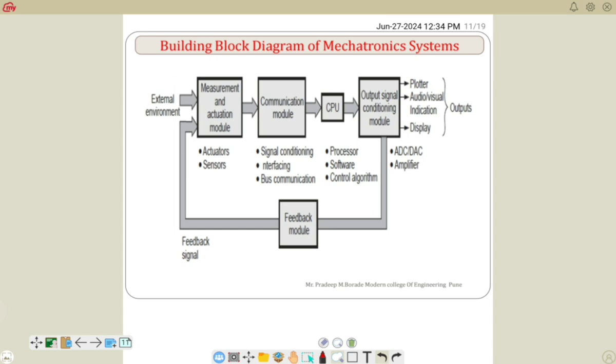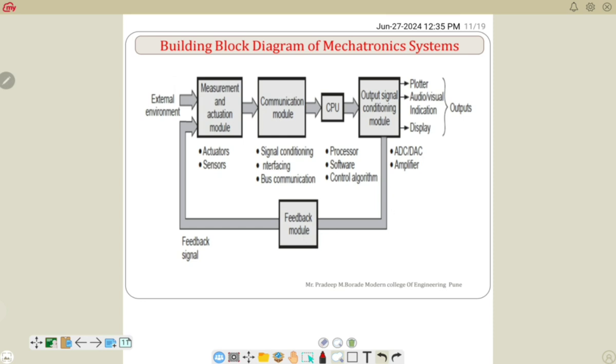The first element is the external environment, then the measurement and actuation module, then the communication module, then CPU, output signal conditioning module, that is plotter, audio visual indication and display, then ADC and DAC amplifier.